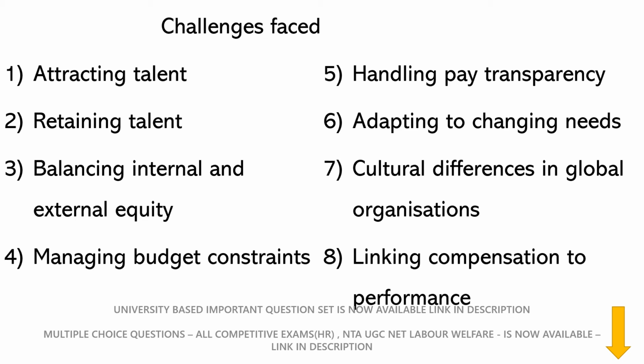You can give them flexible working hours so that you can attract millennials. Just an example. Okay, next one is retaining talent. Another difficult thing is to prevent skilled employees from leaving your organization for high paying competitors.